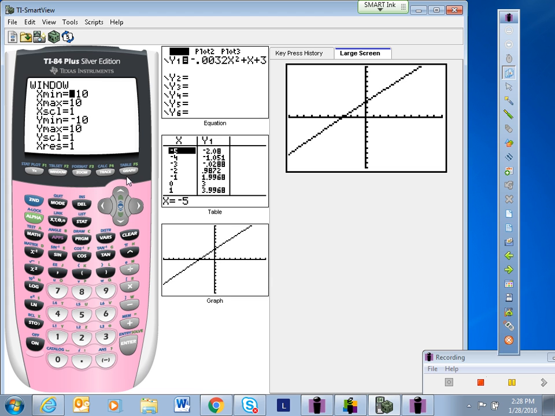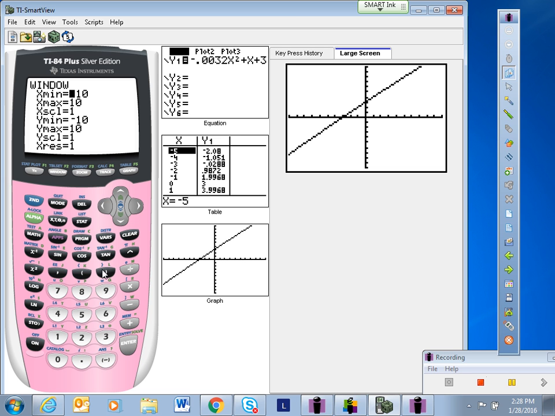So let's go to the window. My x-min, let's see, what do you think? Now, x-max, that's going to be how far out that ball goes. How far do you think that baseball might go? 300? Okay. And if we go out to 300, what do you think we might go by?